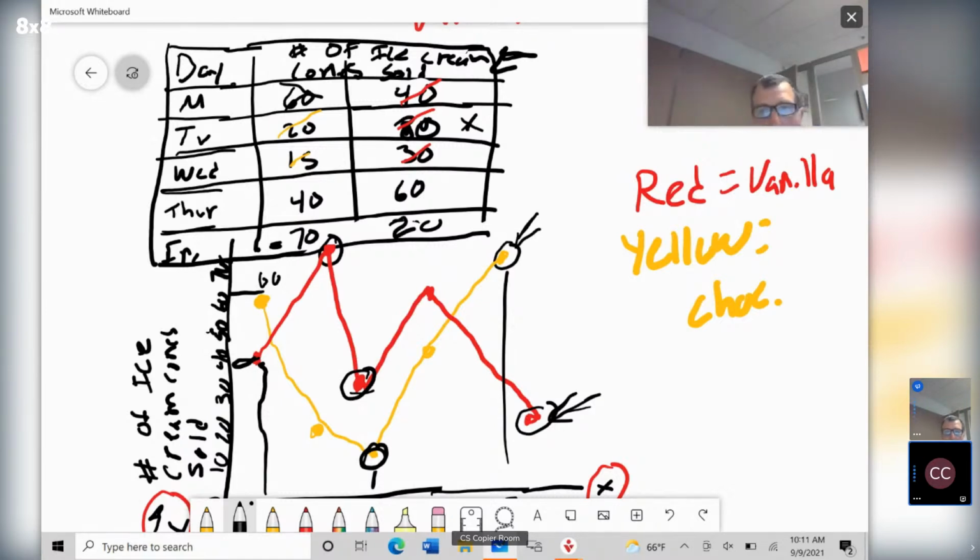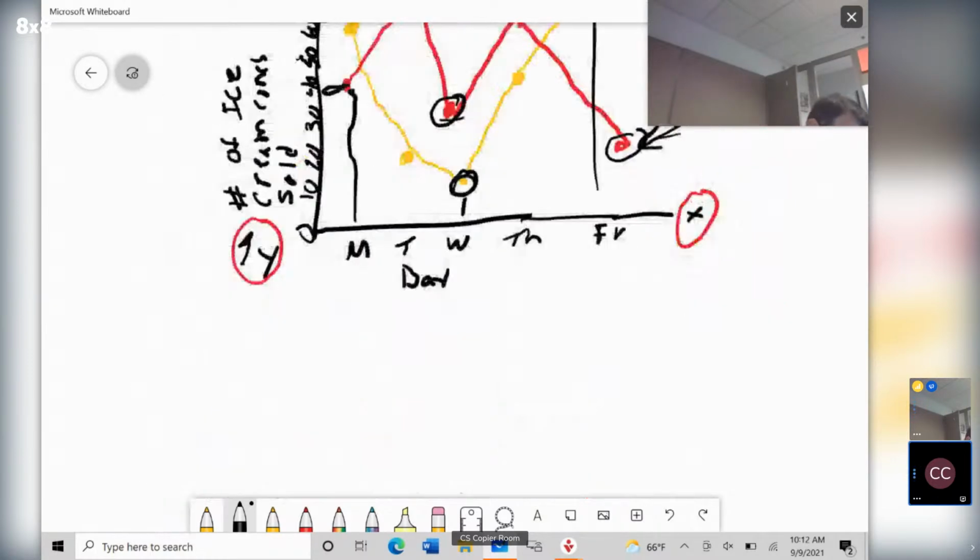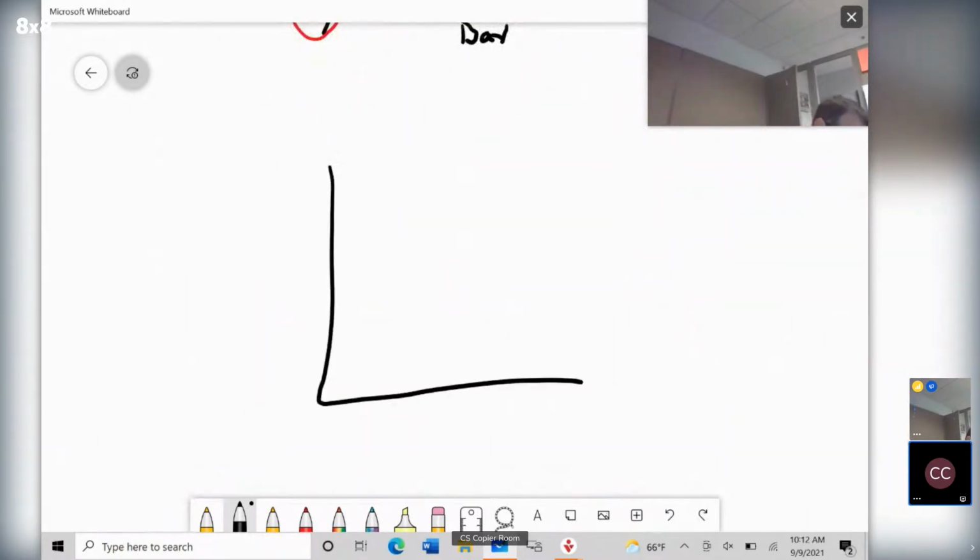And I would suggest if you're doing it, if you have two different color pens, that's great. If you want to use a pencil and a pen, but your lines should be kind of different colors so you can kind of compare them. One thing you could do a solid line or even like a broken line. Like for example, I'll just show you. If we had like plots like that, you could do.